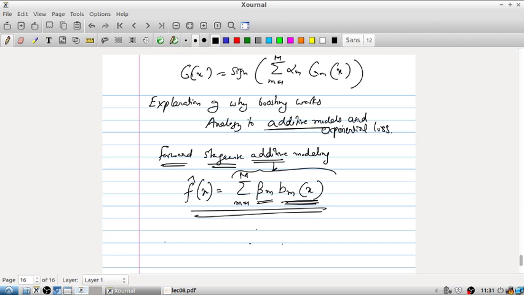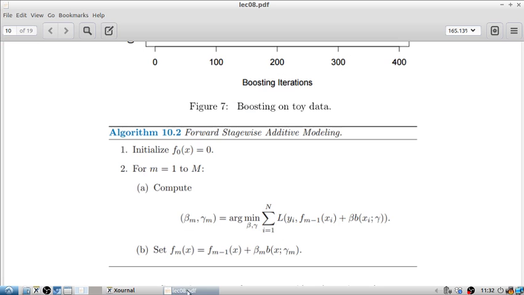Forward stage-wise just means I'm going to fit each function b m in turn, just like Adaboost. I start from m equals 1 to M, so I want to have capital M number of functions.